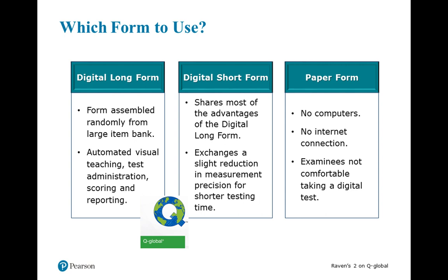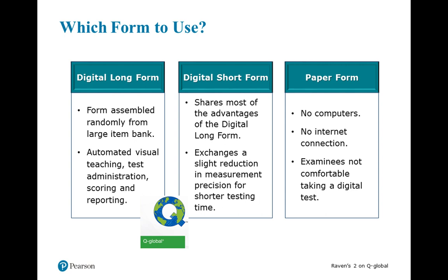All right, so looking at which form to use, I'm really going to kind of hit the highlights here. The forms in the digital format are all assembled randomly from large item banks, as I mentioned, and they, of course, provide this automated visual teaching that we're going to go through, test administration, scoring, and reporting.